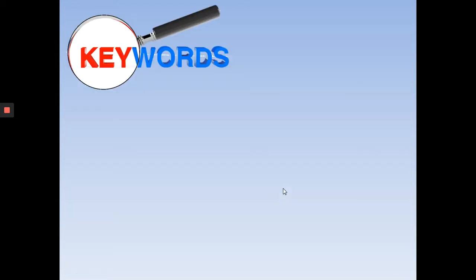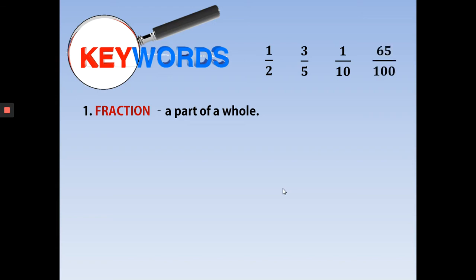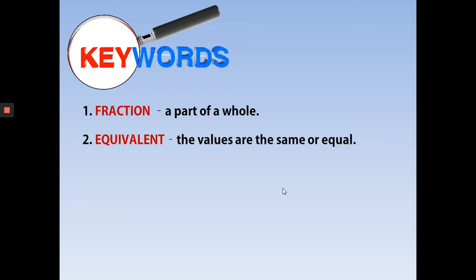So here are the keywords we'll be using in this lesson. Fraction, this is very common already because we've been using this from our previous lessons. So fraction can be identified if there is a numerator and a denominator. So next is equivalent. Equivalent means the values are the same or equal.